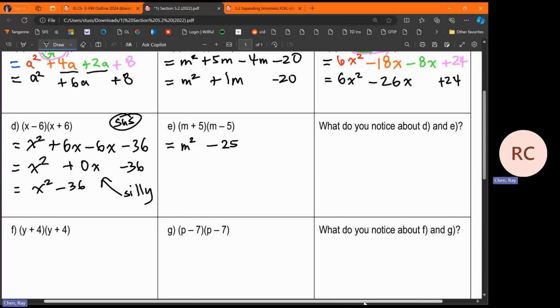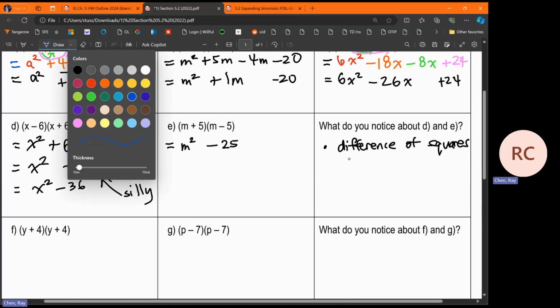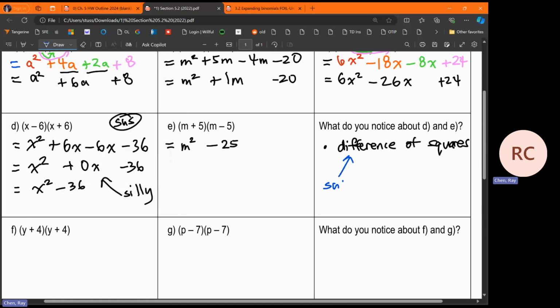I think you also notice that when we did the O and the I of foiling, the outside and the inside, those got canceled. So this pattern, which is actually an important pattern, is called a difference of squares. The word difference, you already know because I taught you. The word difference means to subtract or minus, and that's this symbol.